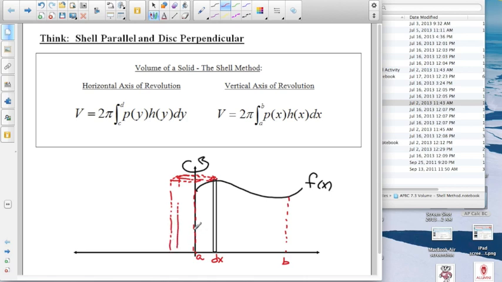And as we stack these incremental cylinders from the lower limit to the upper limit, they start to fill in that solid and create that solid of revolution. And so if we think about this, we know that since this is a hollow cylinder, we have an outer cylinder and we have an inner cylinder.